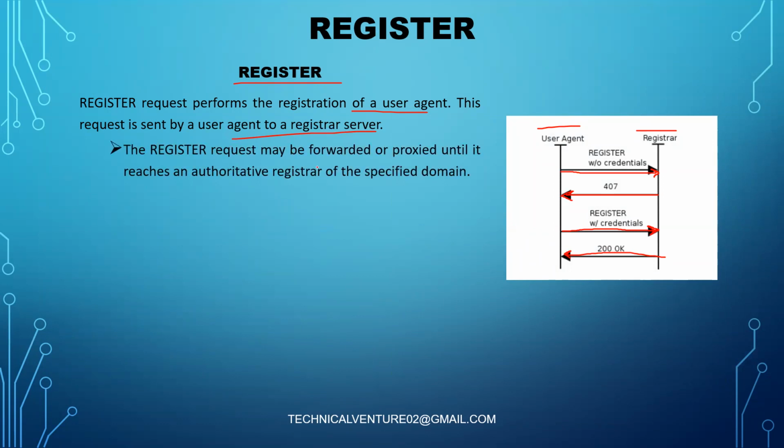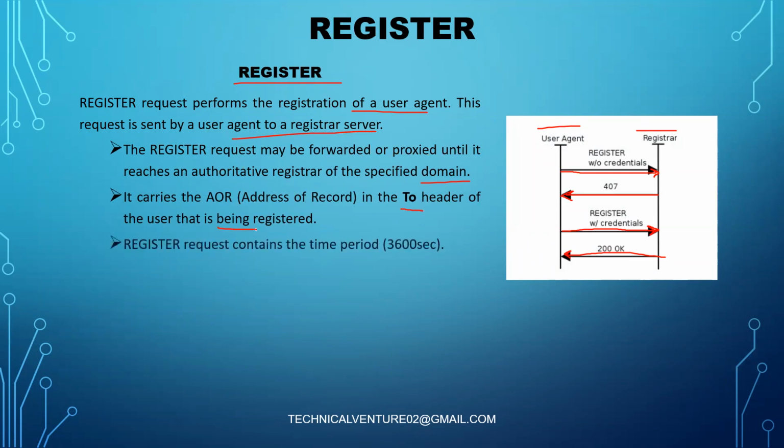A REGISTER request may be forwarded or proxied until it reaches an authoritative registrar of the specified domain. It carries the address of record in the To header field of the user which is going to be registered.